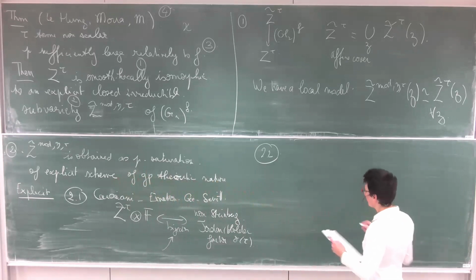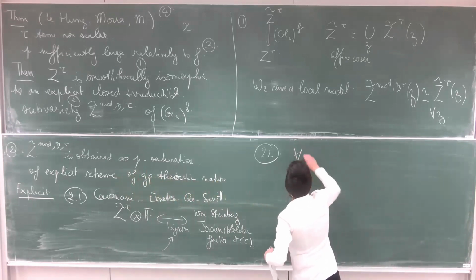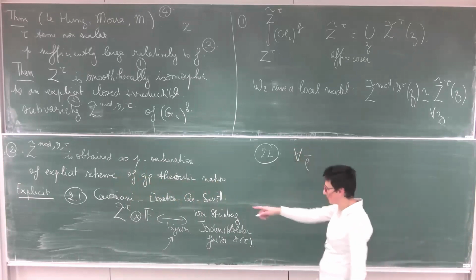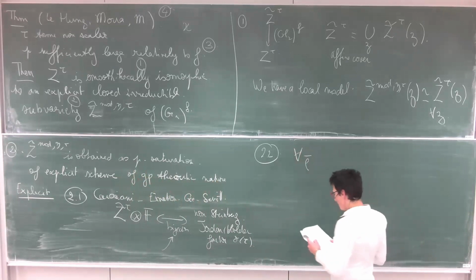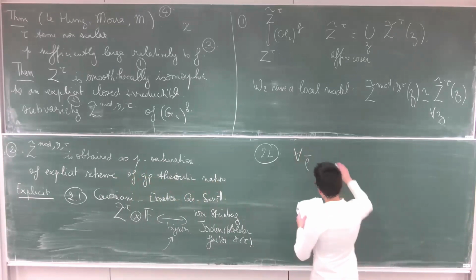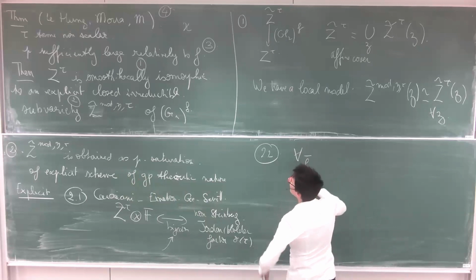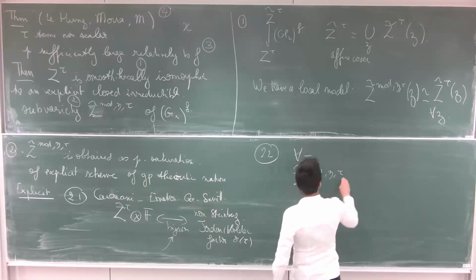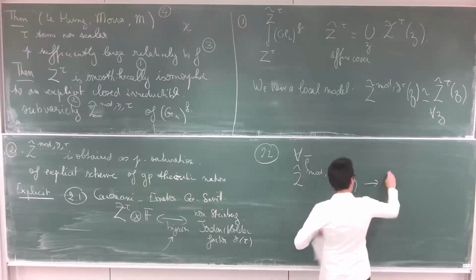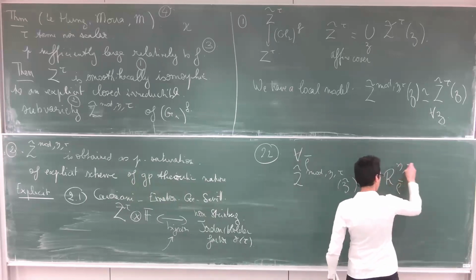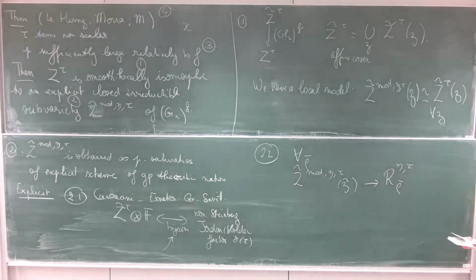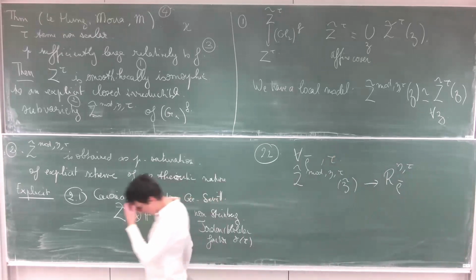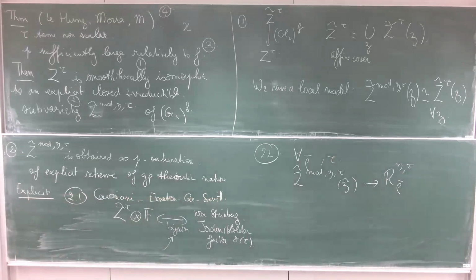Okay. So what does it mean to be explicit? It means that for any rho-bar, our local model gives us the deformation ring for any rho-bar and any type which are non-scalar.